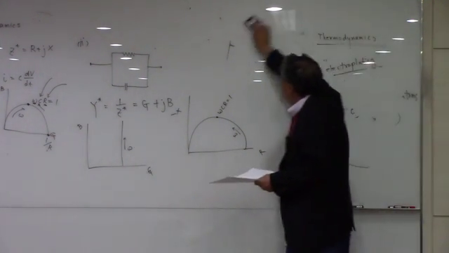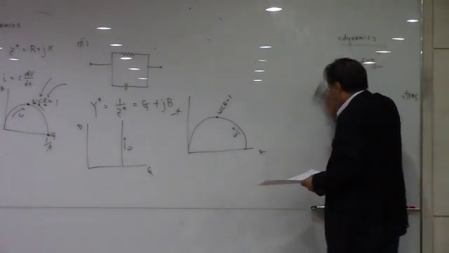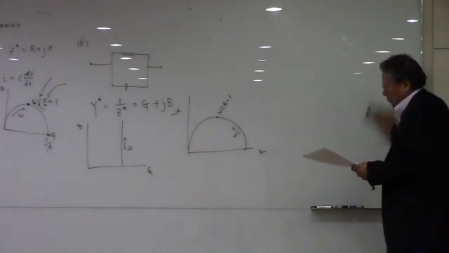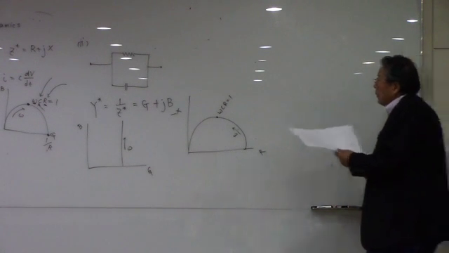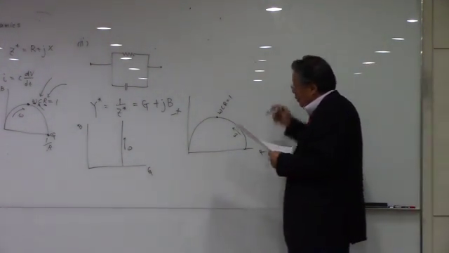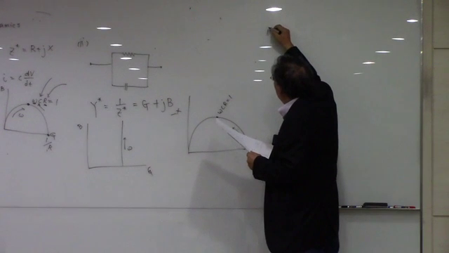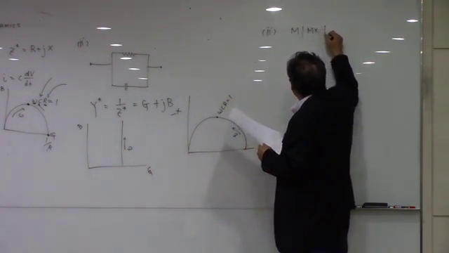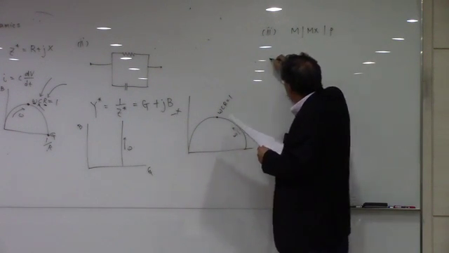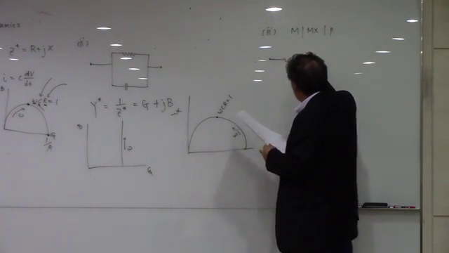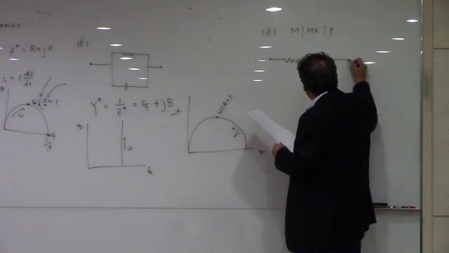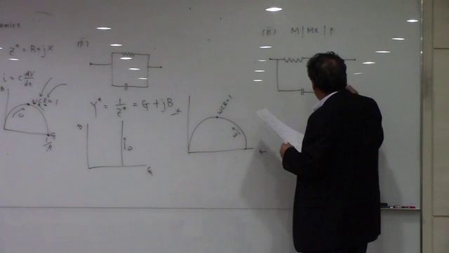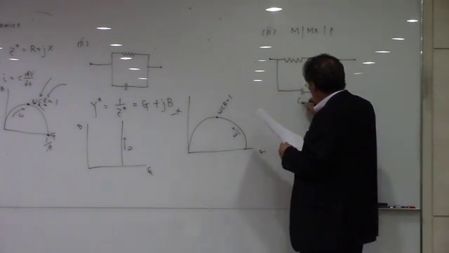With this knowledge, we can solve the situation with a blocking electrode where M, x, and P, and the connection is now going to be Cg.